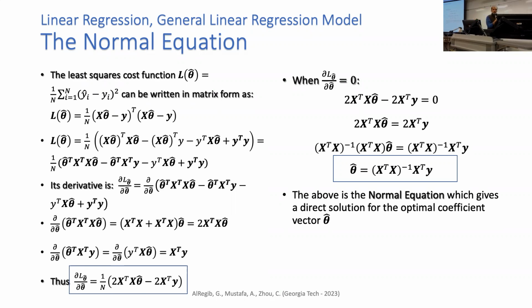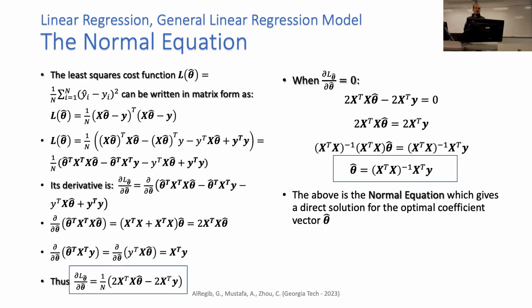And now when I try to maximize that likelihood, I end up with a maximum likelihood estimation, which is a mean square error minimization. And it happens to be a quadratic convex function. I can take the derivative with respect to theta, I go through the derivations, and now I have a closed form solution, a formula for theta hat in this case.